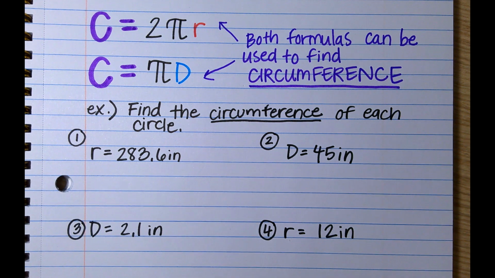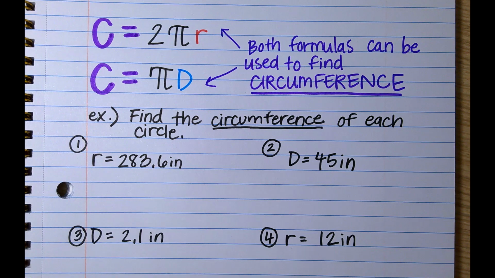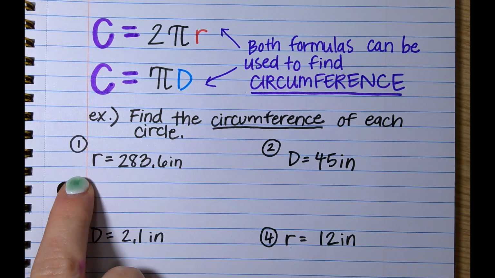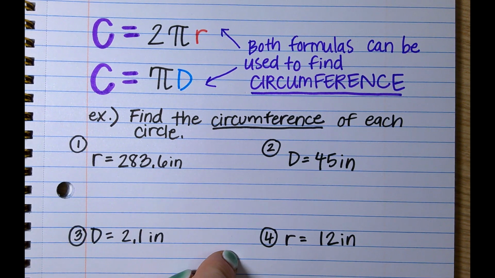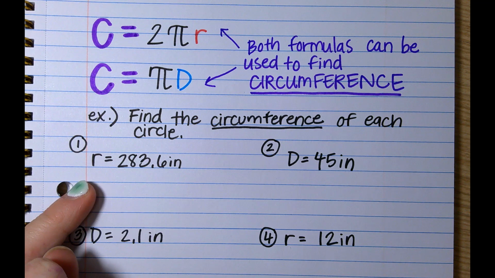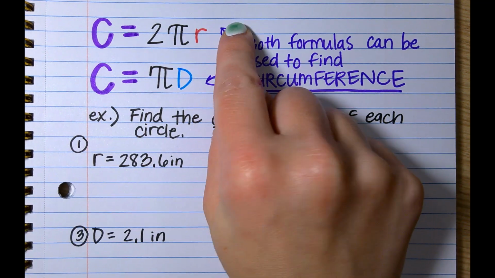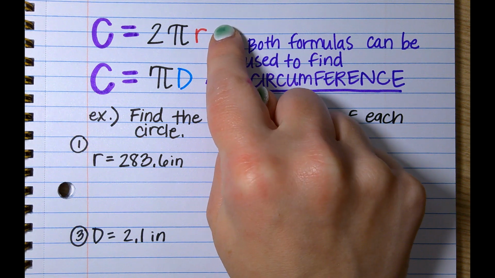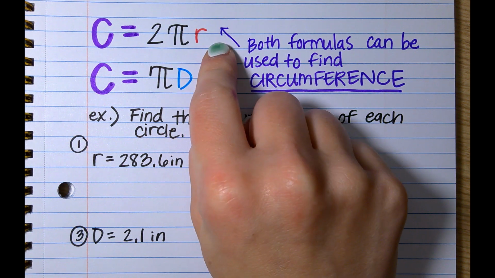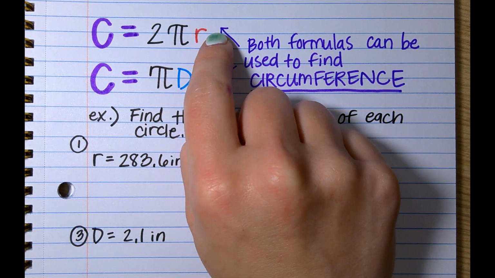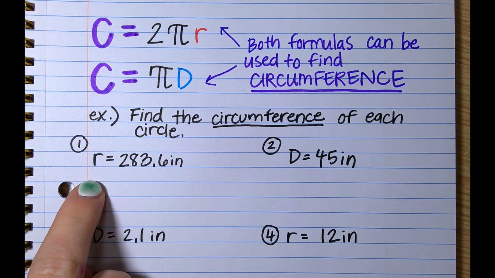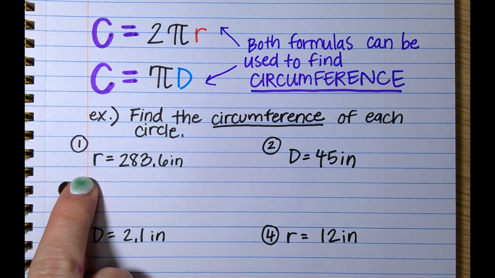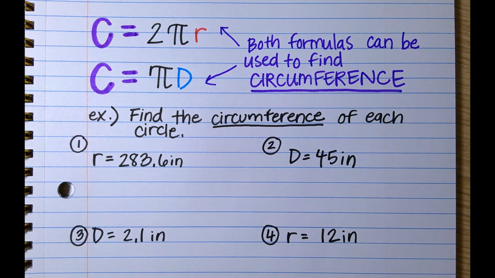Okay, let's go ahead and look at number 1. For number 1, which formula am I going to use? The one on the top or the one on the bottom? The top. The top formula is 2 pi r. 2 times pi times the radius. Number 1 gives me the radius, so I better use that formula.